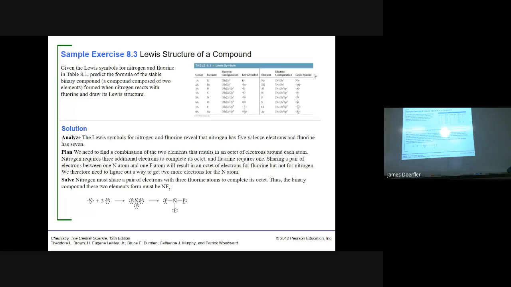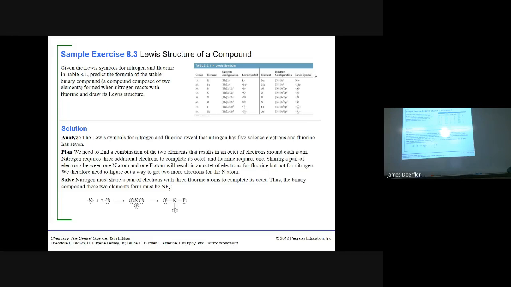Fluorine has 7. Did not mean to say that. Fluorine has 7. But how many electrons does nitrogen need again to form an octet? Needs 3. Okay? So when we have nitrogen and fluorine coming together, they have to satisfy each other. Okay?